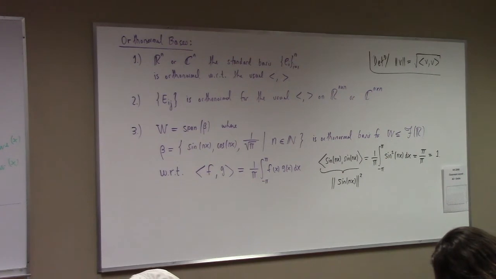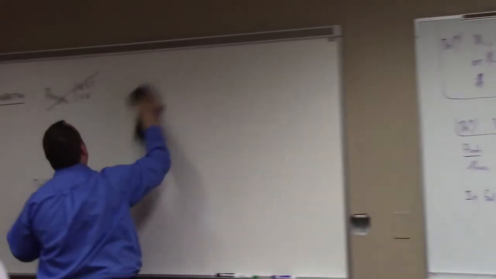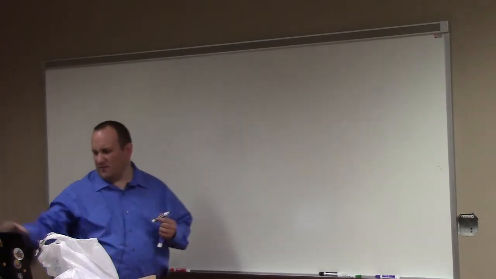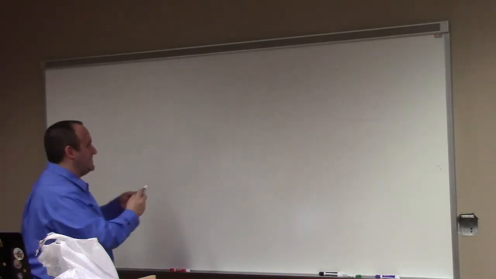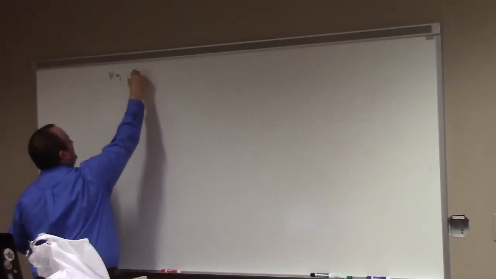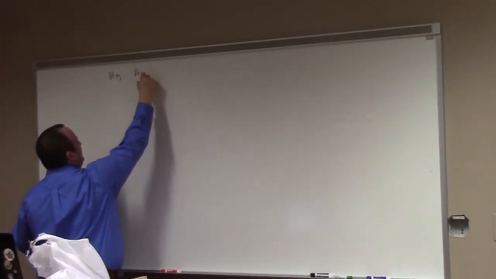Another one we could do would probably be a good exercise. Oh, by the way, while I'm at it, guys, before I get to that, can you tell me the formula for the projection onto Sn of A?